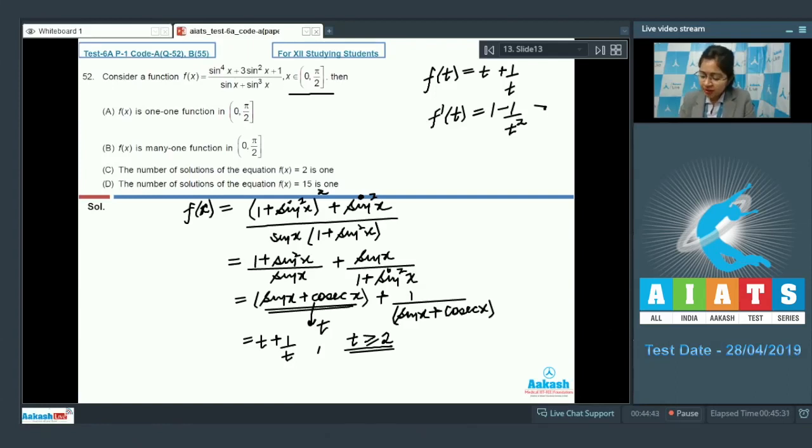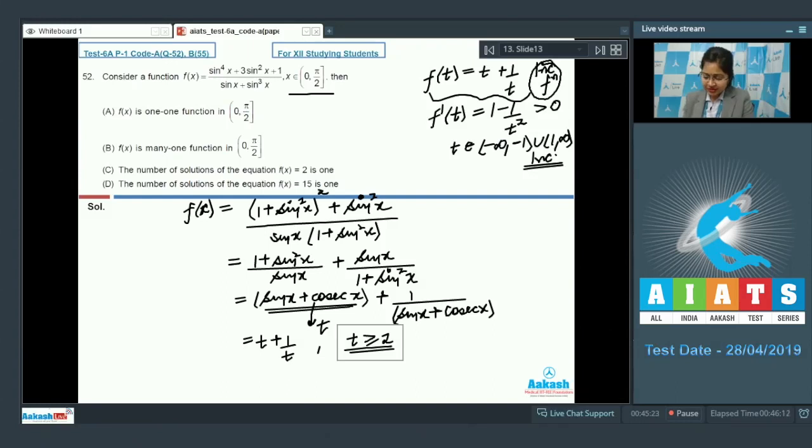Let us put it greater than 0. So we will get t square minus 1 greater than 0. That is, for t going from minus infinity to minus 1 union 1 to infinity, it will be increasing. Now we have t always greater than or equal to 2, which means that it will always be an increasing function.